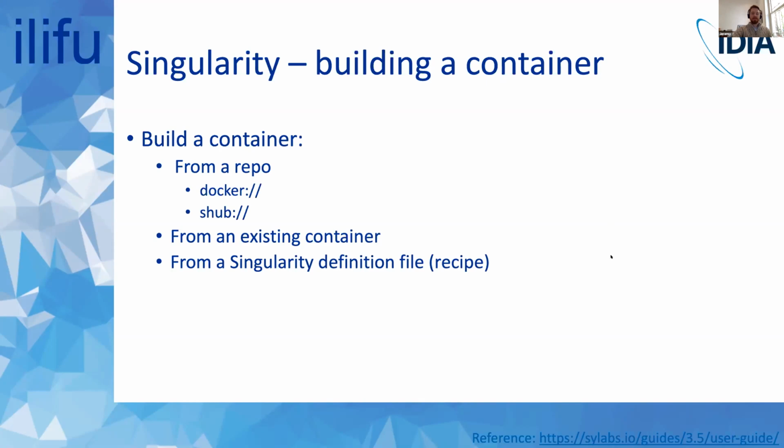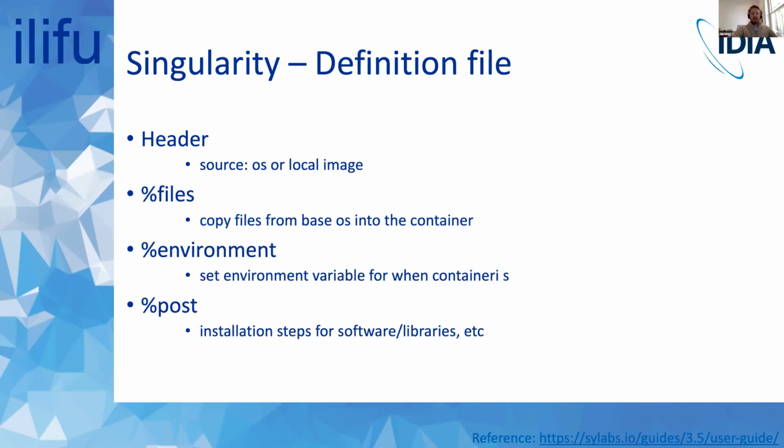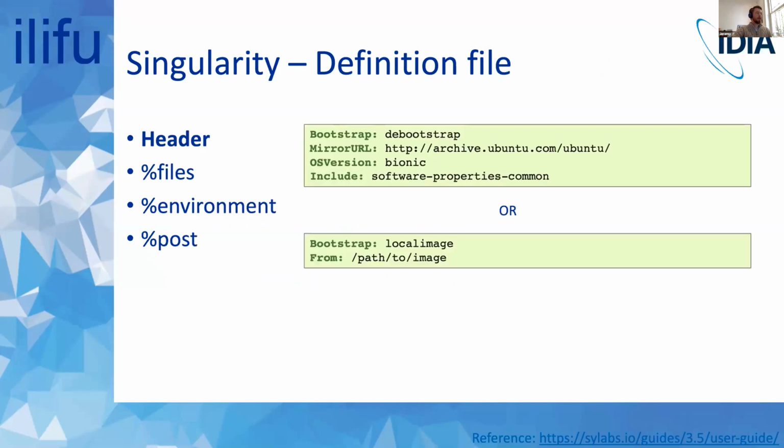I'm going to go through the definition file as an example of how to build your own container. A definition file is just a recipe. The recipe contains different sections, but ultimately it's just a step-by-step setup of the software environment. The definition file contains a header section, and this defines the source of the container or the container operating system.